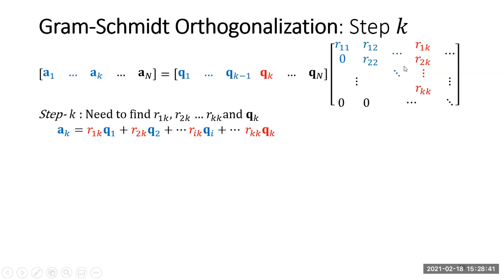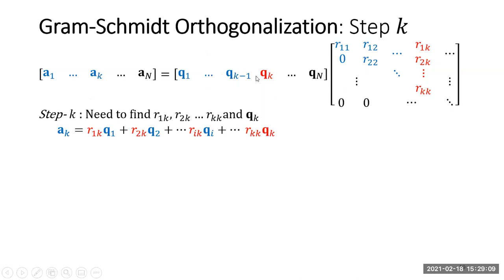Okay, and now let's compare left and right hand sides, the kth column. Ak equals the kth column, right? So R1k Q1 plus R2k Q2 all the way until the ith column here, where i is less than k, is Rik Qi.